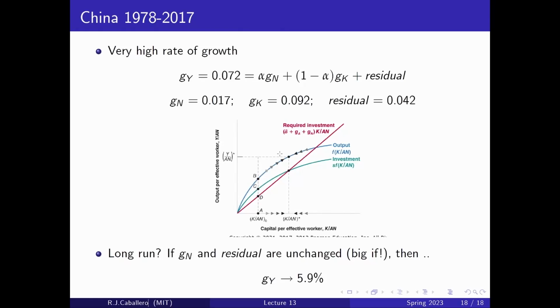And so you have a period of transitional growth in which the investment rate is more than you need to maintain the stock of capital per effective worker. You know? There's a positive gap between the green line and the red line. And that's what leads to transitional growth until you reach a steady state. If things do not change, meaning population growth remains the same as in that period, and the rate of technological progress remains the same as in that period, we know that the balanced growth rate of China is 5.9%.